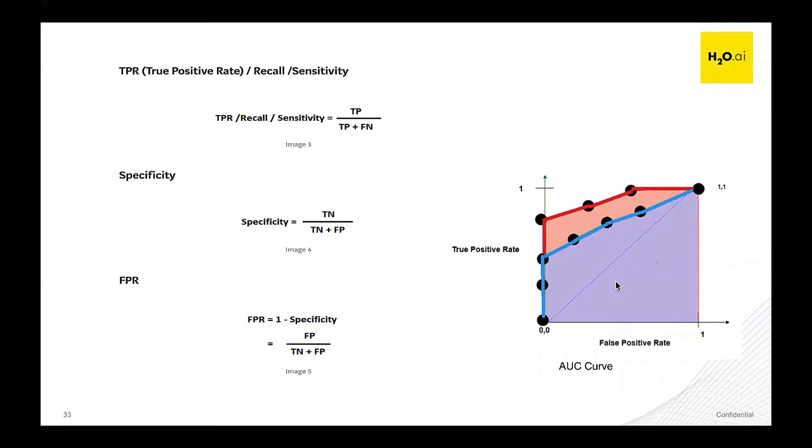The area under this curve is called AUC, area under the curve, and this determines how good your model is. So the higher this curve, the better your model. If there's a red and blue curve, these are two models. The red curve is say for model 1 and the blue curve is for model 2, and the red curve will be a better model at prediction.